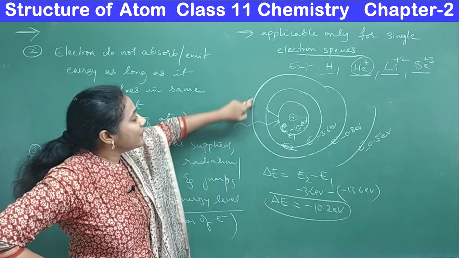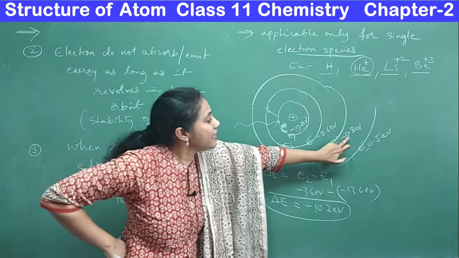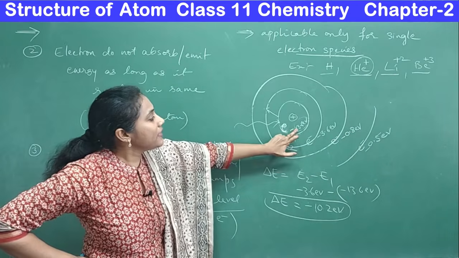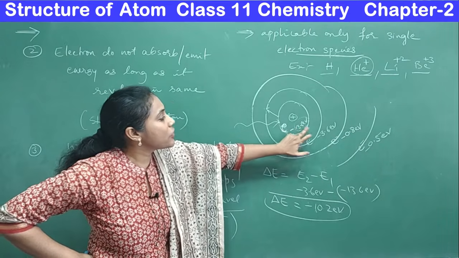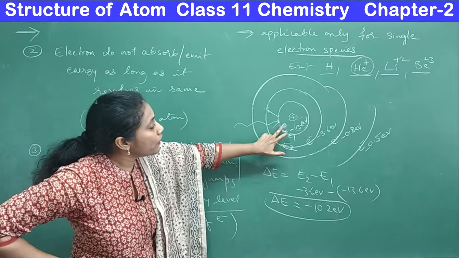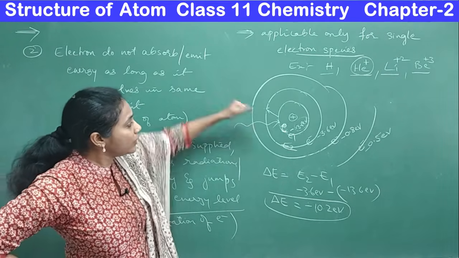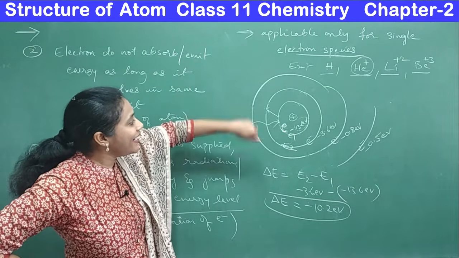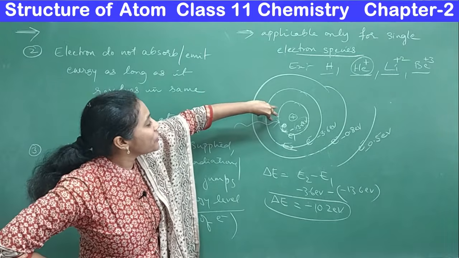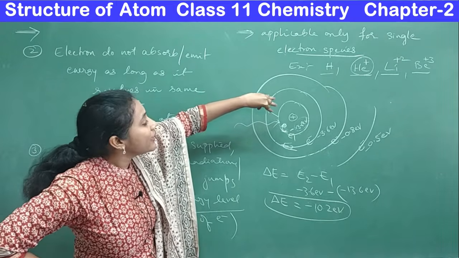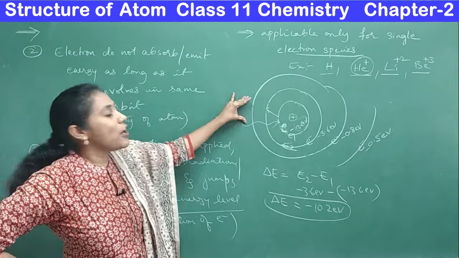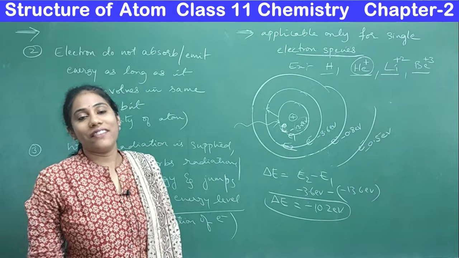If an electron has to go from the first level to the third level, it needs more energy. How much energy does it need? It needs energy equal to the difference between the energies of the third level and the first level.